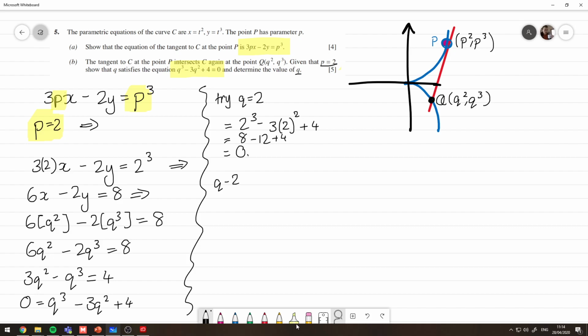And I can do a long division and see what else I should get. Let's try it. Q minus 2 into q cubed, take away 3q squared. I need to include the 0q term here just so nothing goes wrong. I'll go through the long division process without too much explanation. So I get q squared, then minus 3 take away minus 2, which takes me to minus 1.